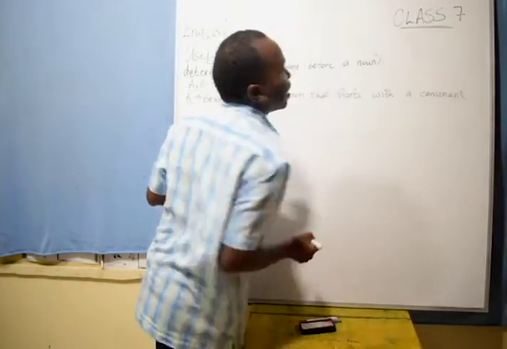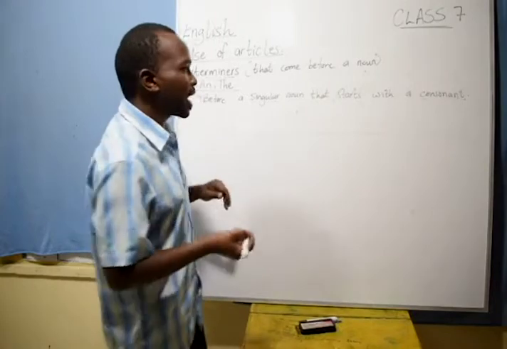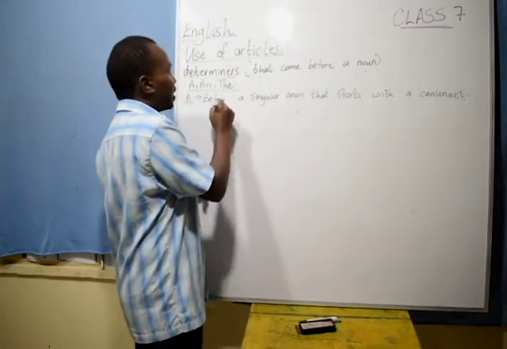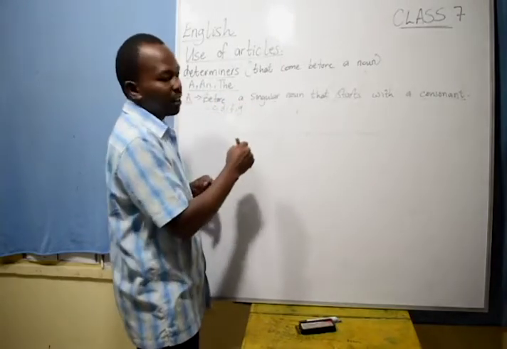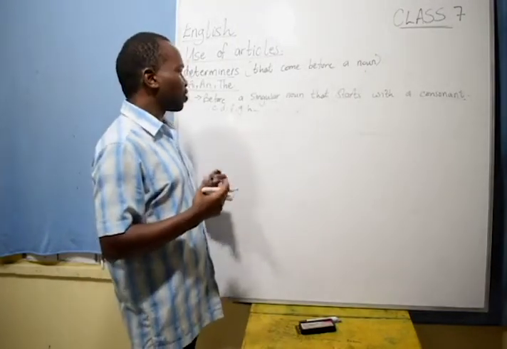Examples of consonants are C, D, F, G, H, and all those ones. Those are examples of consonant letters.